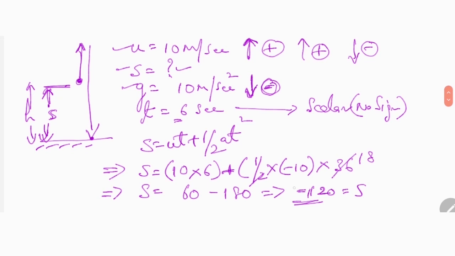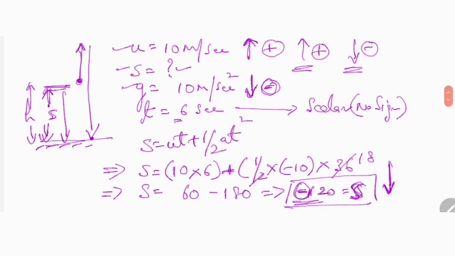And please note it is negative. If it is negative, it is obviously saying that our S is in this direction. Remember the sign convention? Since we got the answer in negative, that means it is downwards. Therefore, as you can see, our platform is much higher than the ground.